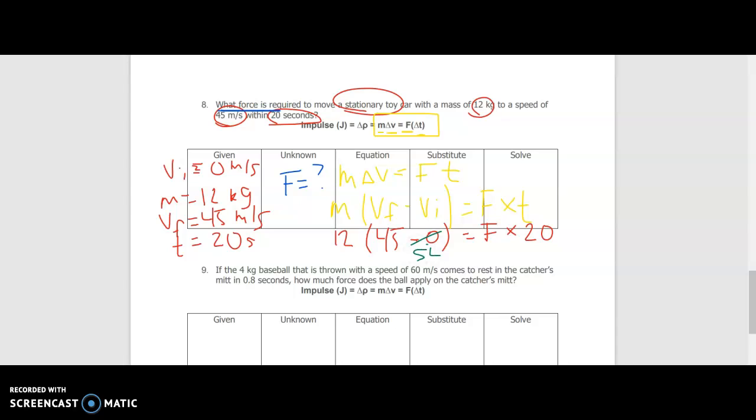So it's 540 equals force times 20. So remember, we need force on a side by itself. So we're going to have to divide the 540 by 20. So we divide by 20 on both sides, and that's going to give us a force of 27. And remember, force is measured in newtons.